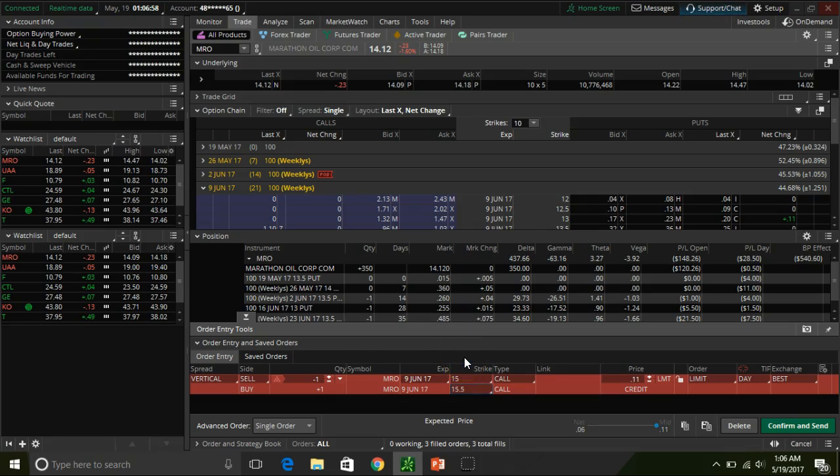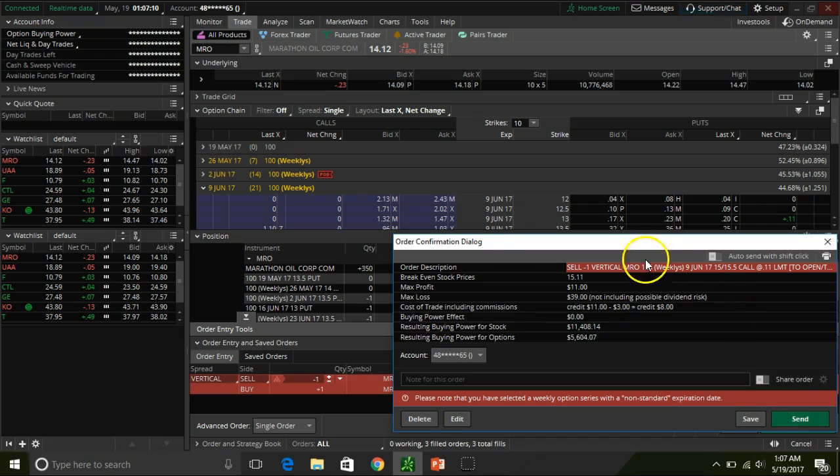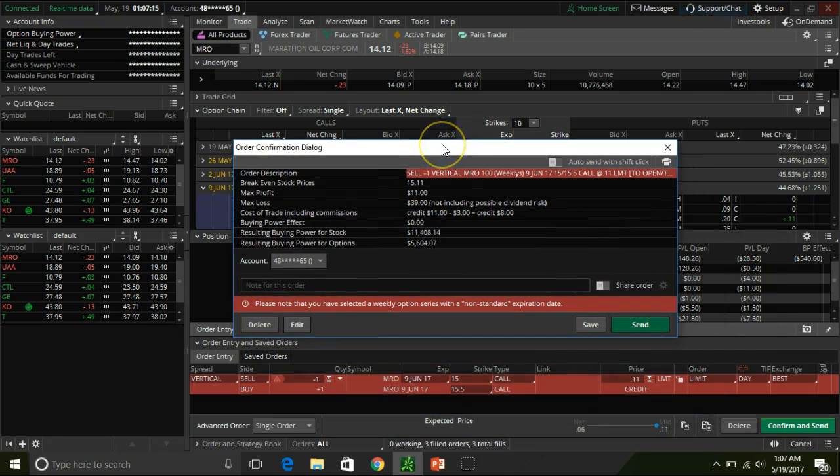But let's go ahead and look at this. We have a $15 call that we're selling and a $15.50 call that we're buying for insurance. If I hit confirm and send, it's going to give me this little nifty screen that I'll bring towards the middle of the screen.